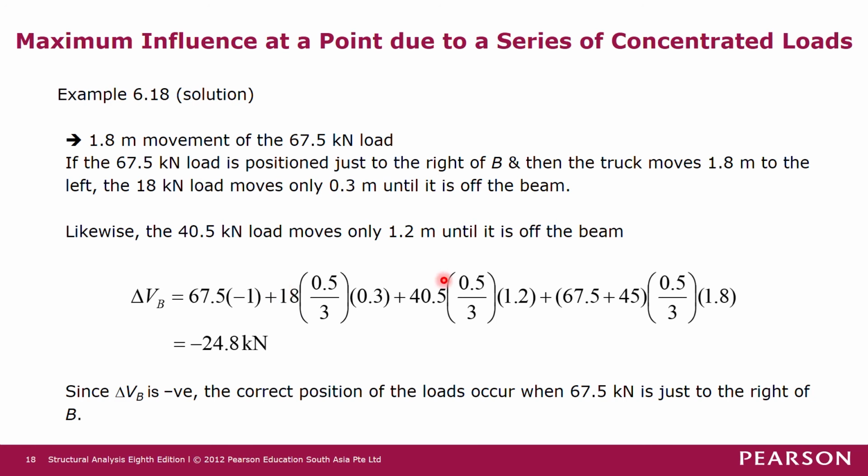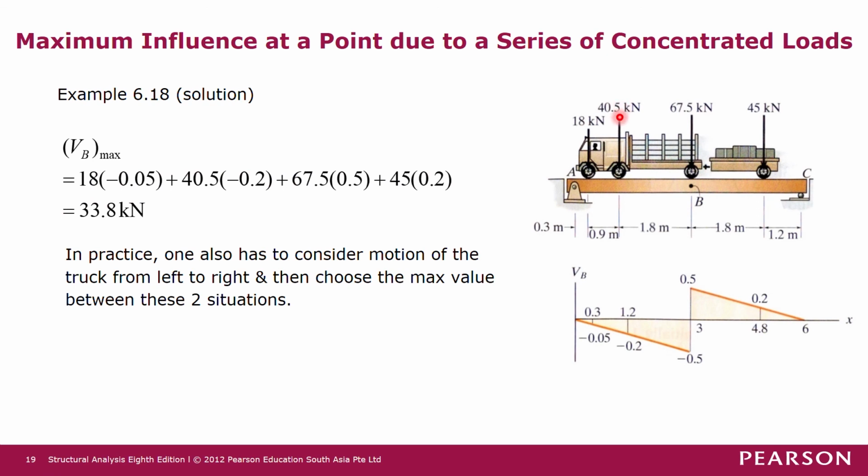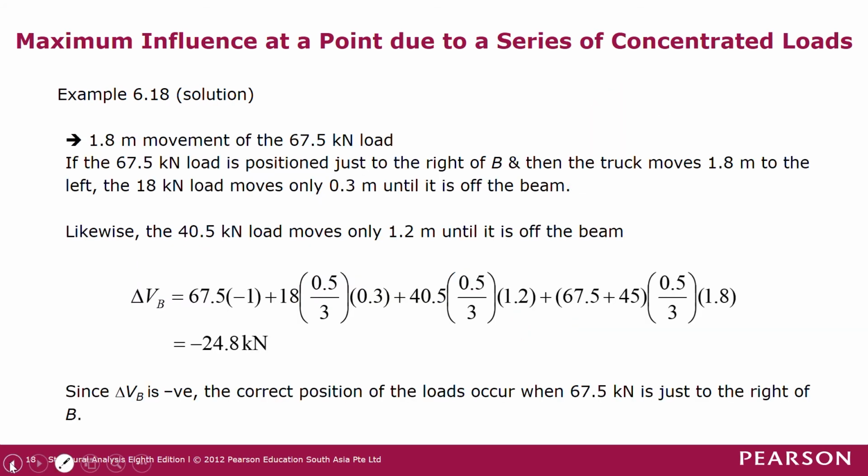Then the 40.5 kilonewton force will move on the beam by only 1.2 meters, and then it will be outside the beam already. So the movement of the force is only 1.2 meters, multiplied by the slope and then by the force itself, we get the change.